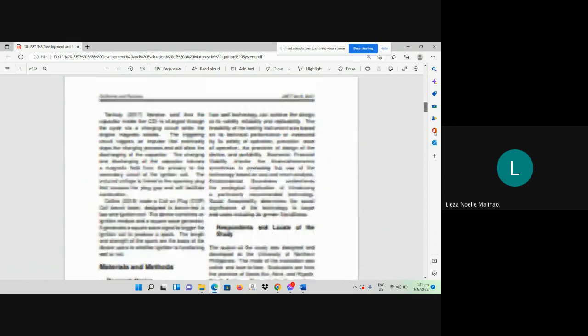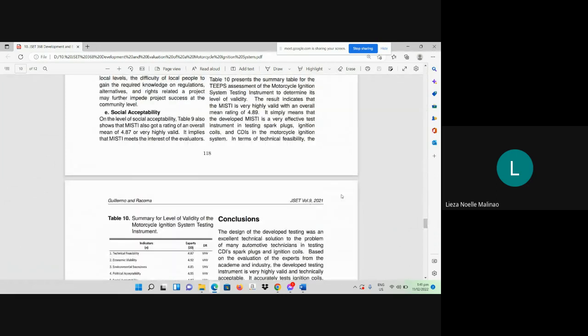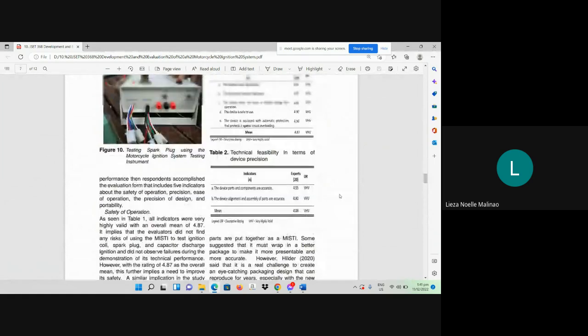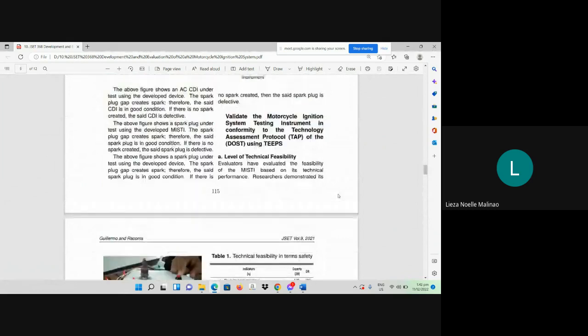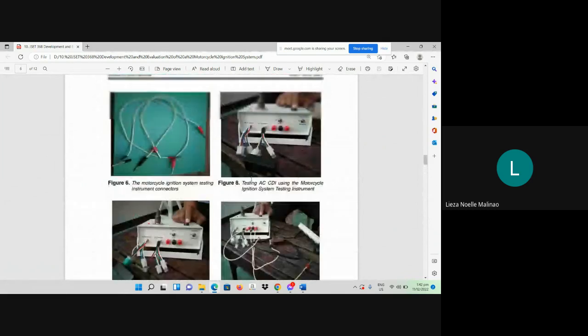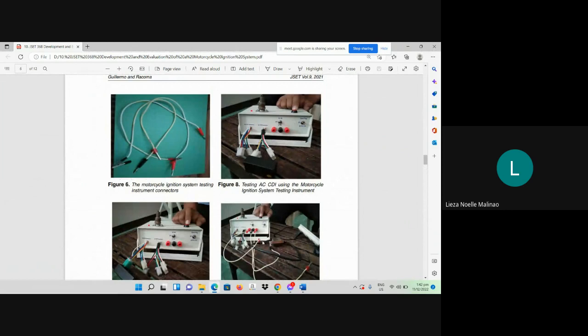Then, they also presented the results of the evaluation. If you read further in the paper, these pictures here, this is now the innovation which they developed.